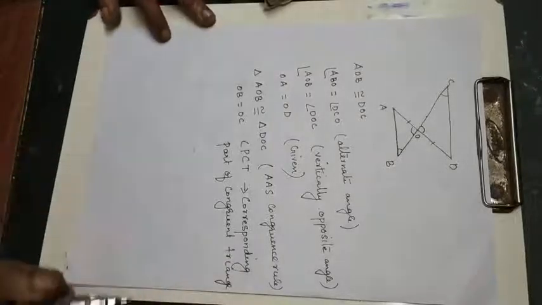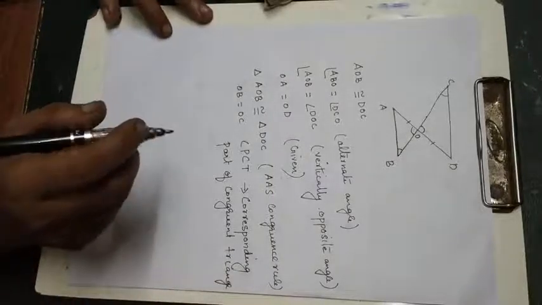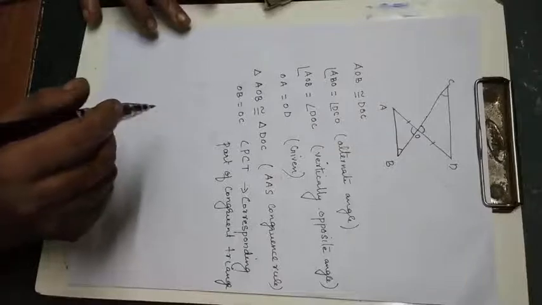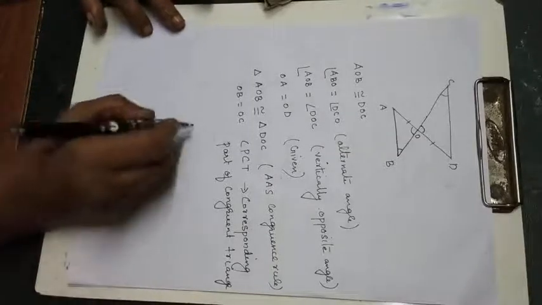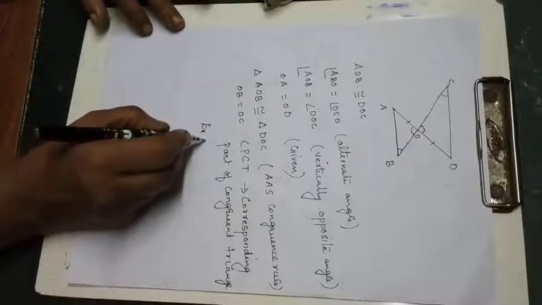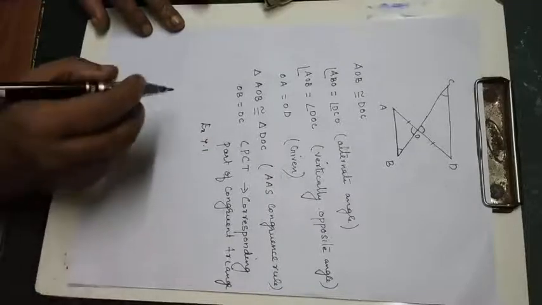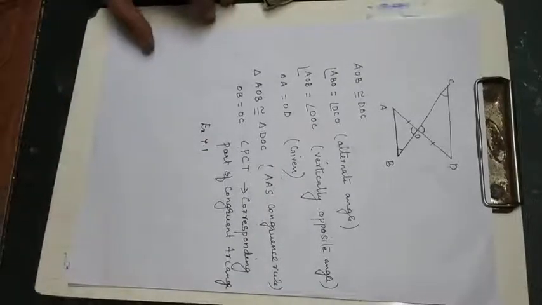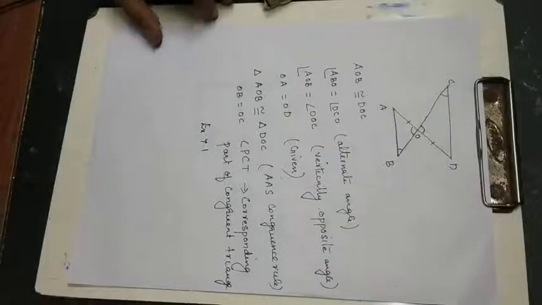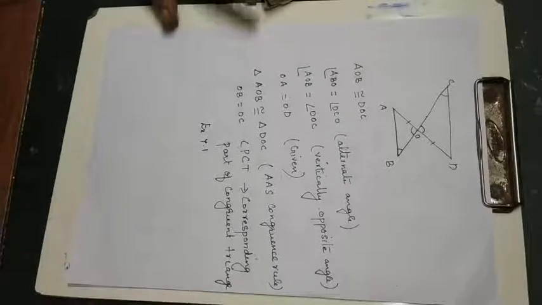Now let us take exercise 7.1. First one: in quadrilateral ABCD, AC is equal to AD and AB bisects angle A. Show that triangle ABC is congruent to triangle ABD.